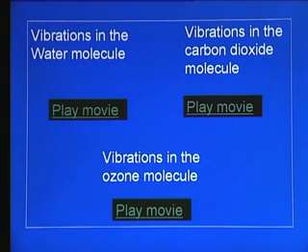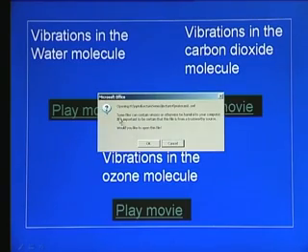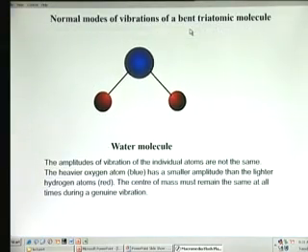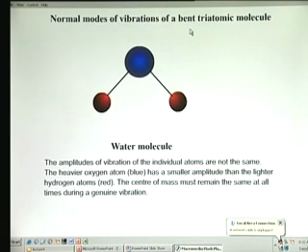Okay. You can perhaps recall simple models of vibrations of simple molecules like the water molecule or carbon dioxide. Let me just play one movie here. What are called normal vibrations of a bent triatomic molecule, the water molecule. Later on, when we study spectroscopy, we will see that such molecules have 3 modes of vibration and so on.